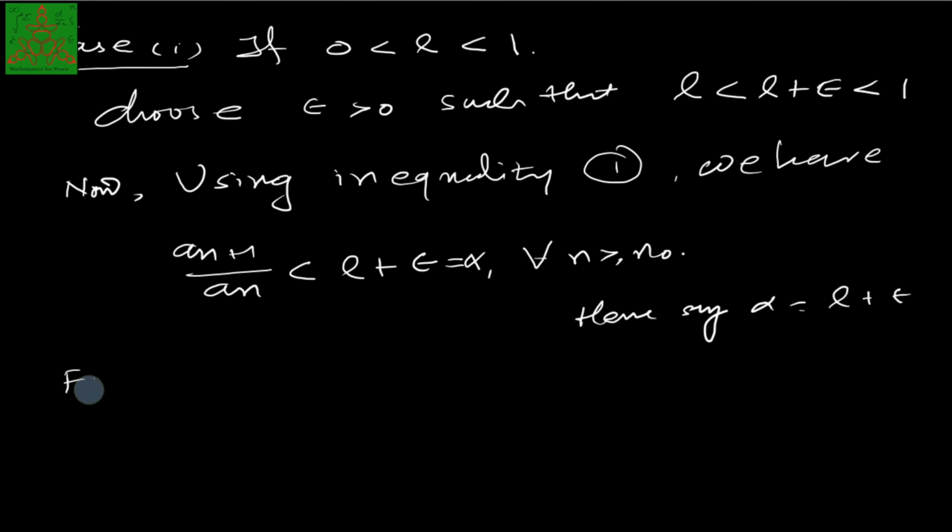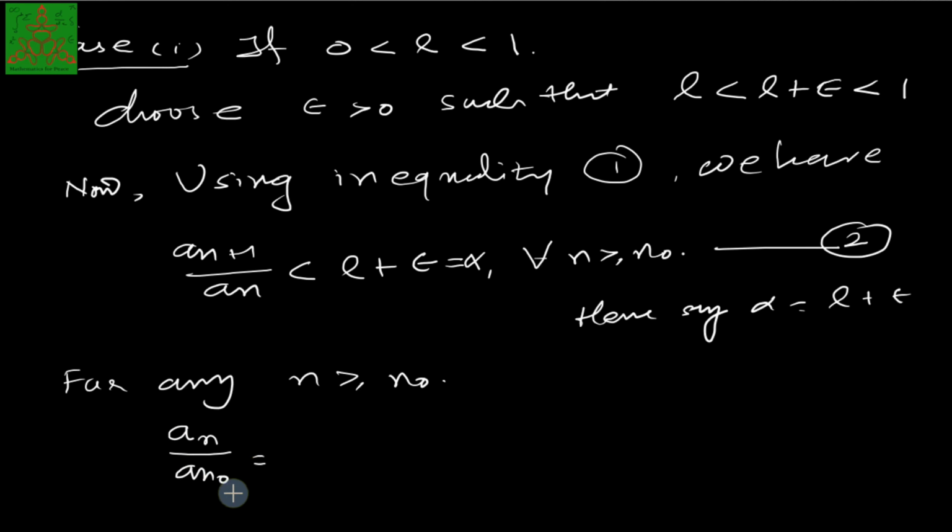Now for any n greater than or equal to n0, we can write an upon an0. Here I am multiplying and dividing some terms, that is an0 plus 1 upon an0 plus 1. So since I have multiplied this one, I should divide that also.